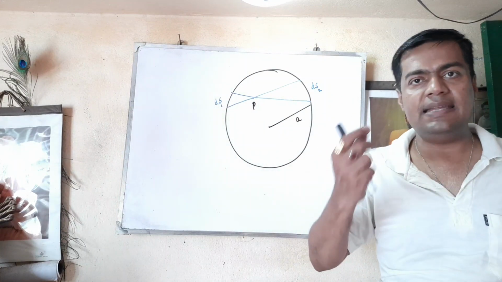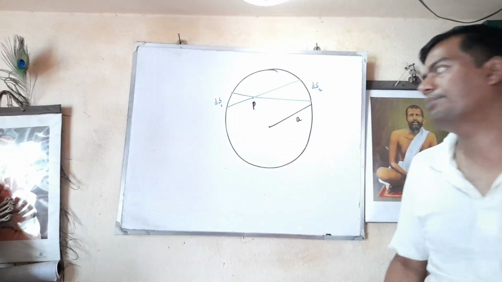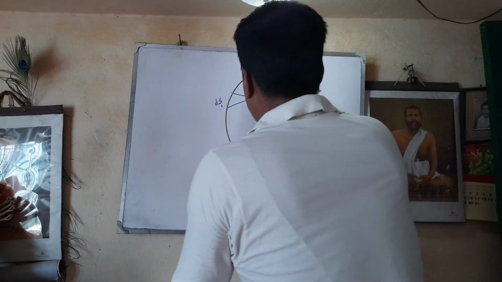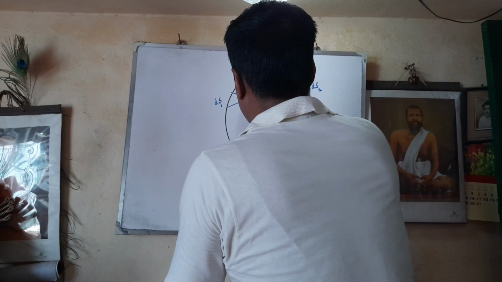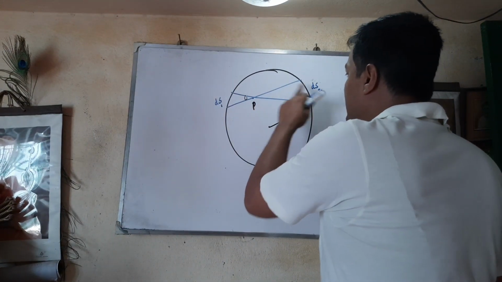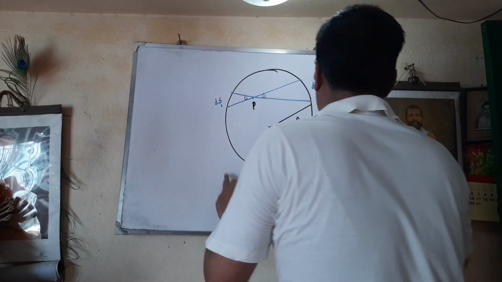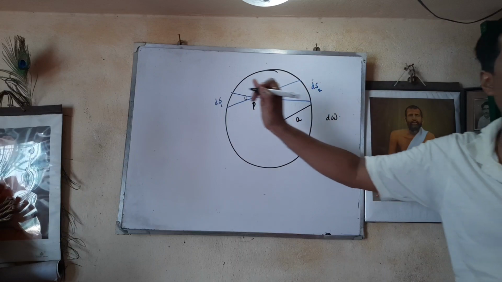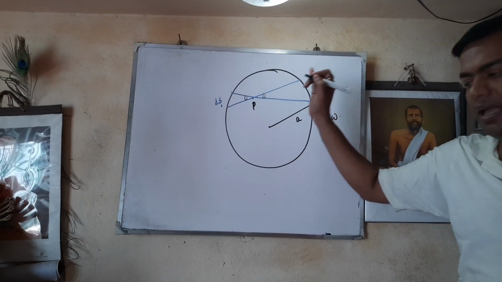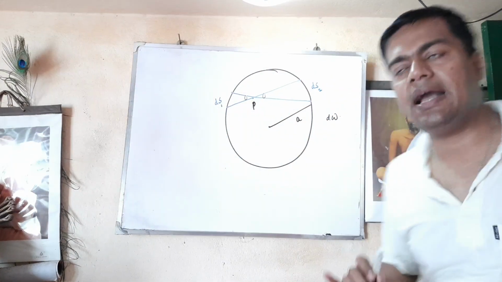Normal area divided by distance squared. Let the solid angle subtended by ds1 or ds2 at point P be represented by d omega.